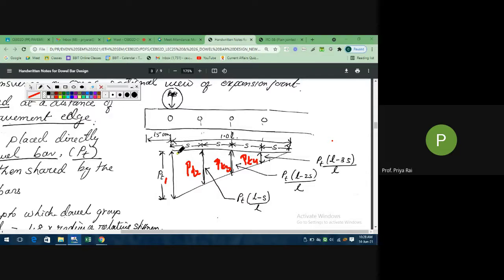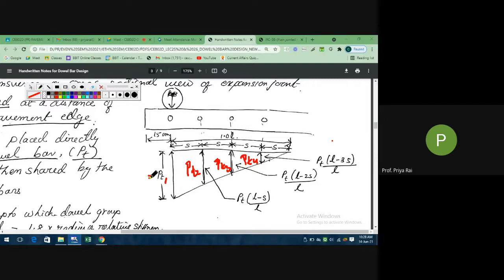Suppose these are the magnitudes of the load transferred by each dowel bar. First is PT1, this value is bigger compared to the other values. Then PT2, then PT3, it is reducing, right? So if we draw it, it will form a triangular shape. The magnitude is reducing. Now we need to calculate the PT2, PT3 and PT4 values.